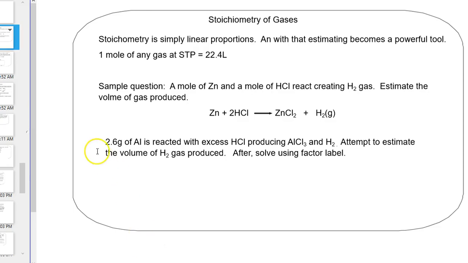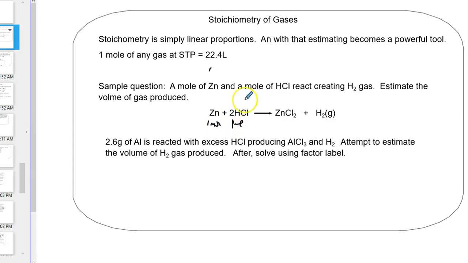Alright, so in this case, let me grab a pencil here. If I have a mole of zinc and a mole of hydrochloric acid, so 1 mole of this and 1 mole of this, and this is going to be my limiting reactant.